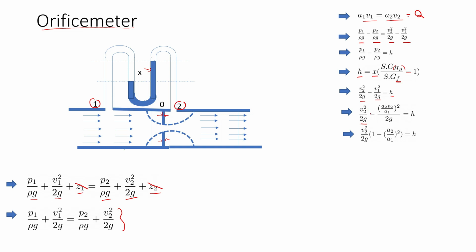If you take V2 square by 2g out, you will get V2 square by 2g into 1 minus A2 by A1 the whole square, common bracket, is equal to H. So V2 square by 2g into A1 square minus A2 square by A1 square is equal to H. And you can get V2 from here: V2 is equal to A1 into root of 2gH by root of A1 square minus A2 square.